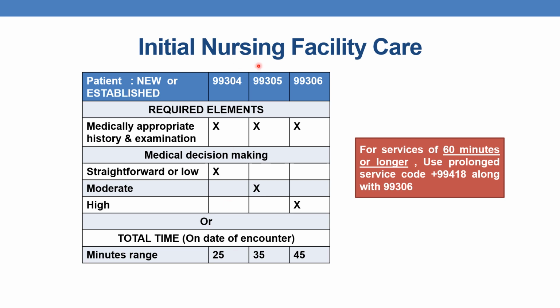To code 99305, you need moderate MDM, and whenever time is considered, 35 minutes must be met or exceeded on the date of encounter. To code 99306, you need a high level of MDM, and whenever time is considered, 45 minutes must be met or exceeded. For services 60 minutes or longer, use the prolonged service add-on code plus 99418 along with 99306.